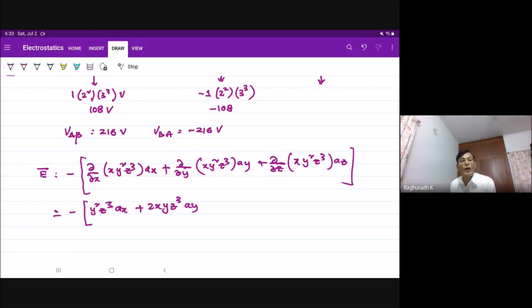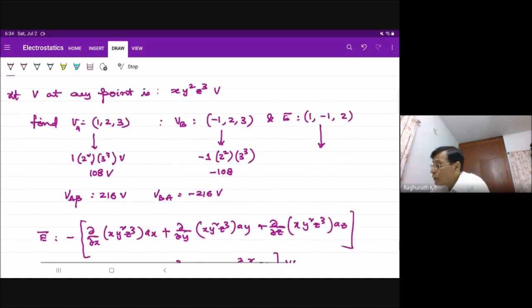Please check it now. Y squared z cubed ax, 2xy z cubed ay, next, plus 3xy squared z squared az. This field is for sure conservative. We will understand it when we go to current. Okay, wait for that statement anyway. This is the electric field intensity at any point, E bar, minus of the gradient of potential.